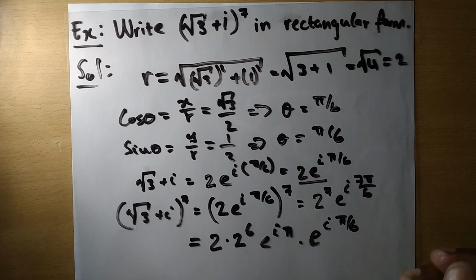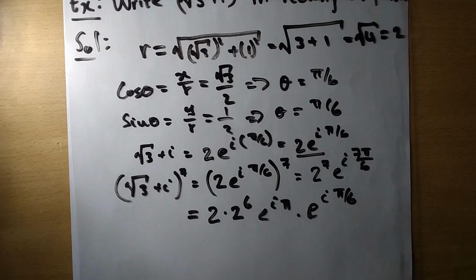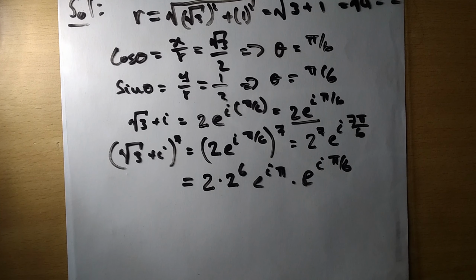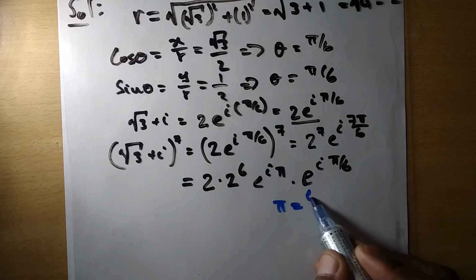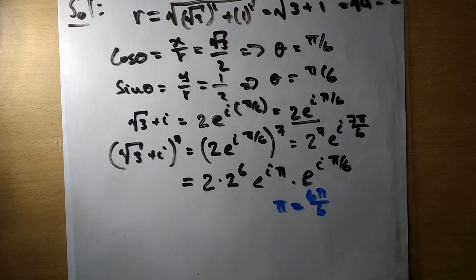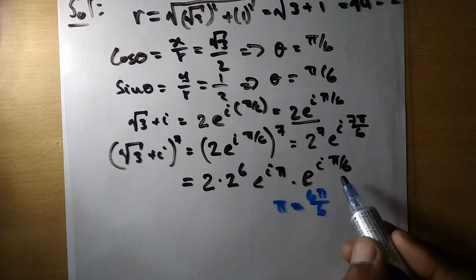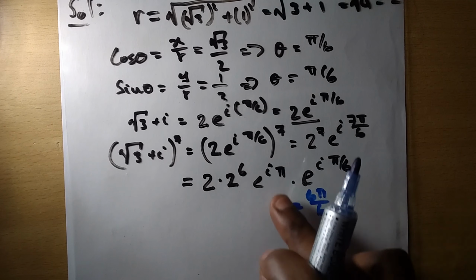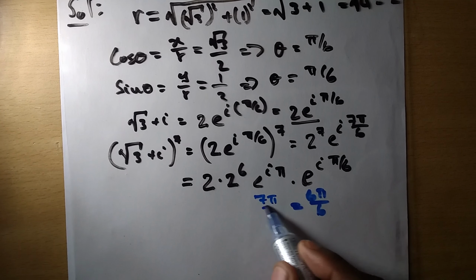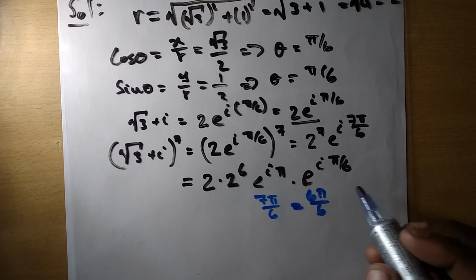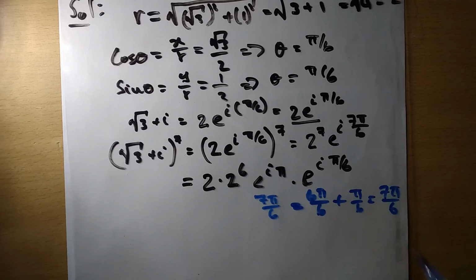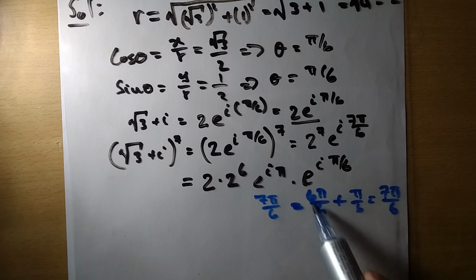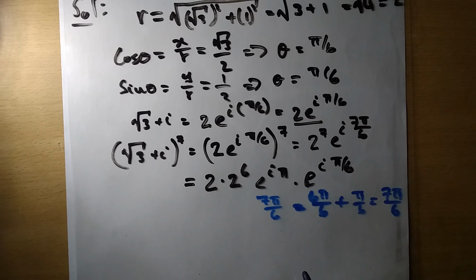Somebody might ask how I know that is true. Look at the fact that pi can be rewritten as 6 pi over 6, and when we add pi over 6, it gives us 7 pi over 6, which is 6 pi over 6 plus pi over 6. So I just combined both of them and got what I have here.